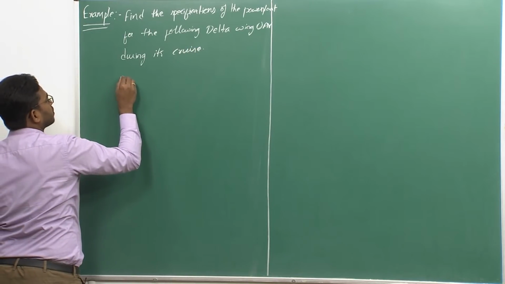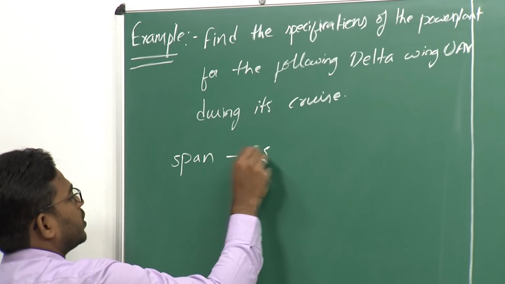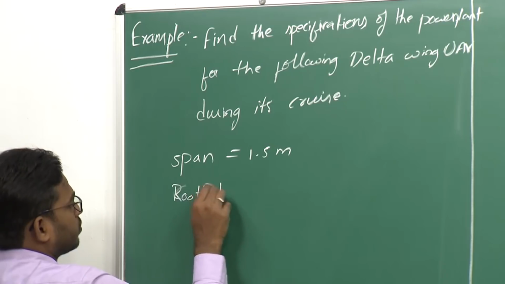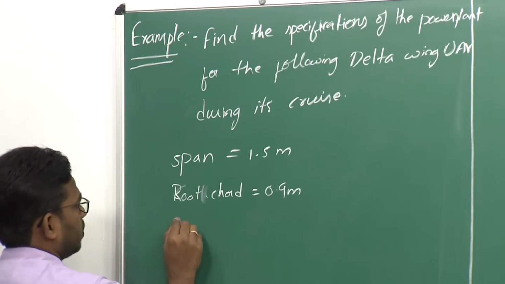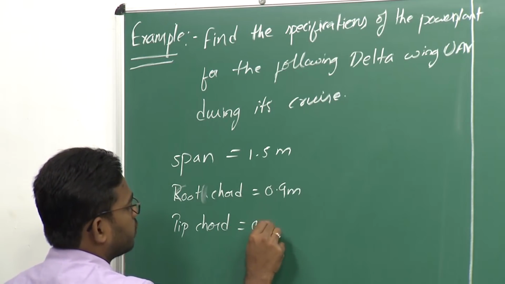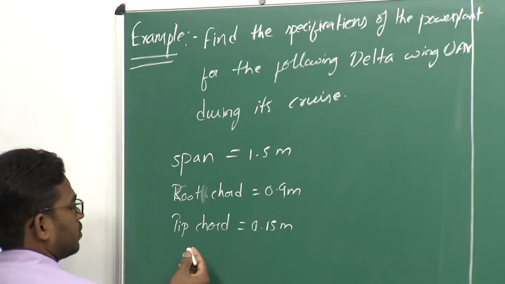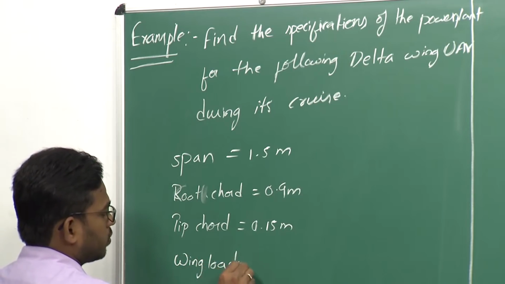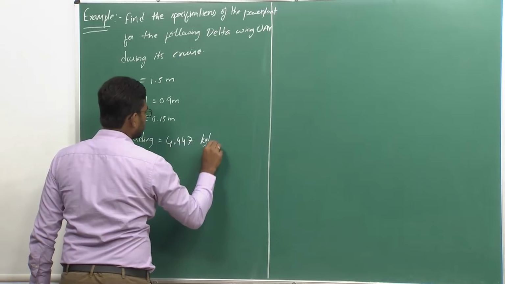Say the span of the UAV is 1.5 meters, the root chord is 0.9 meters, tip chord is 15 centimeters, and say wing loading is 447 kg per meter square.